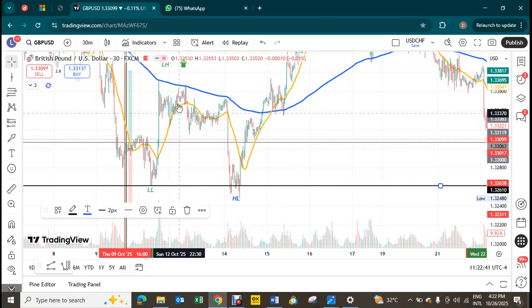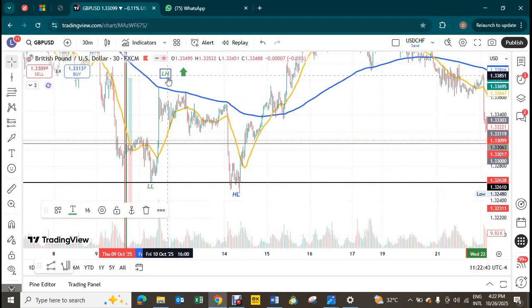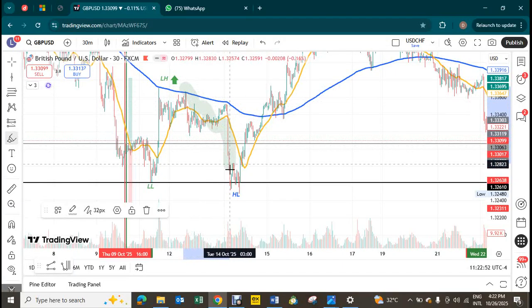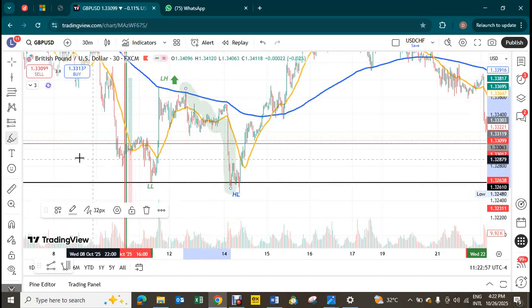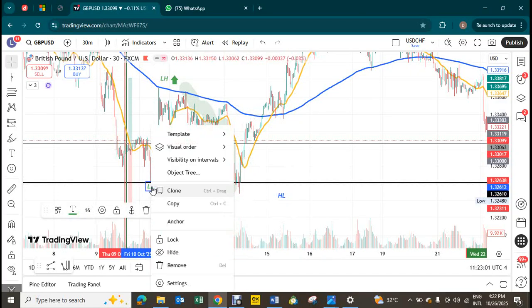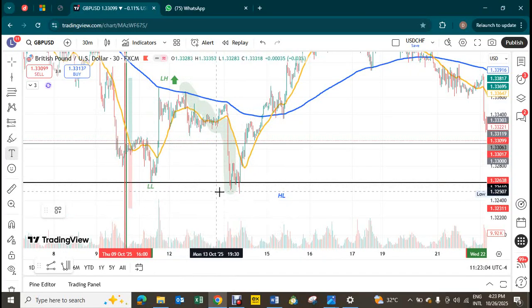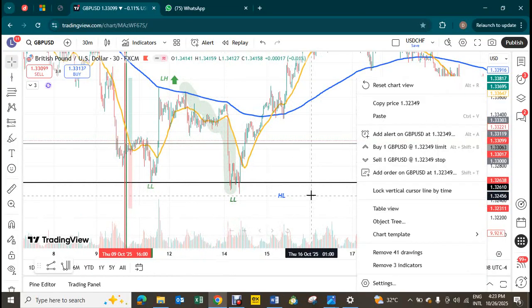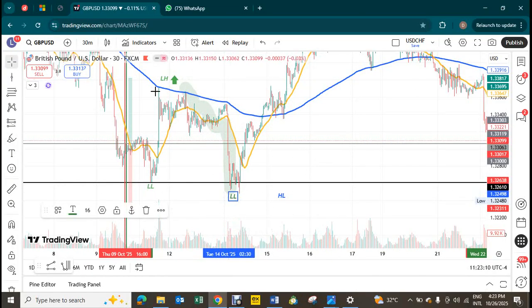We had an LH above, which is here, and we can see price came all the way down, like this, and crossed this lower low, which means we should also be having a lower low here. LL. This is an LL because we saw price break the previous lower low. Just to make us get it.